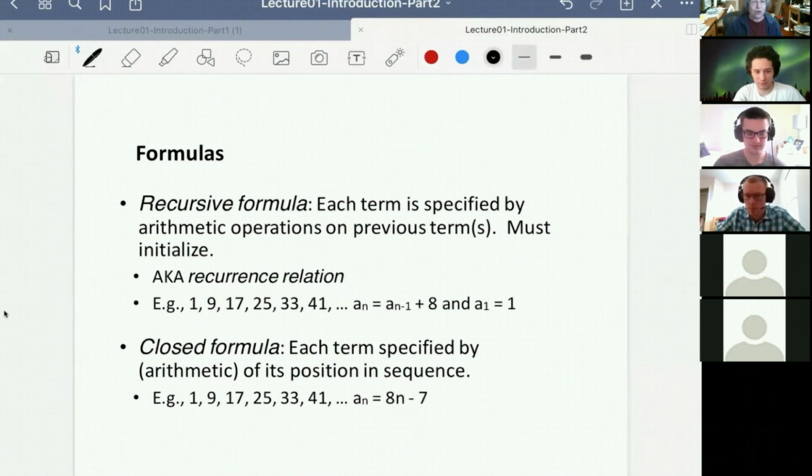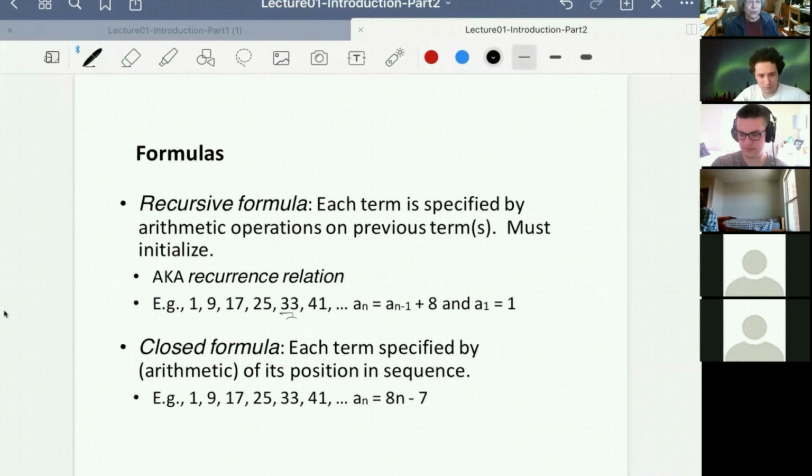That's also called the recurrence relation. It's computer science. For the example 1, 9, 17, 25, we say the next one is 8 plus the previous one. Now, some recursive formulas don't just depend on the previous one, but they may depend on 2 or 3 previous ones.